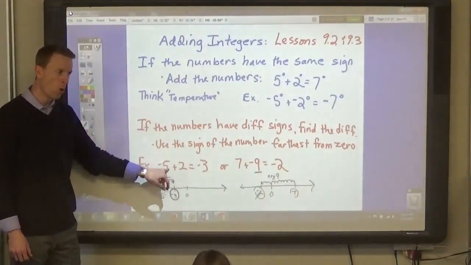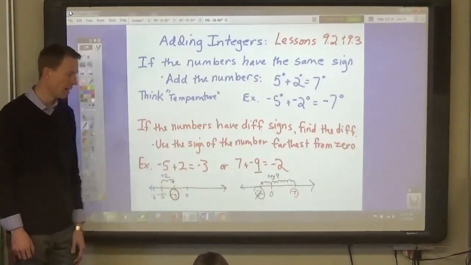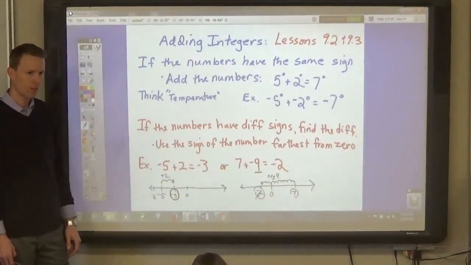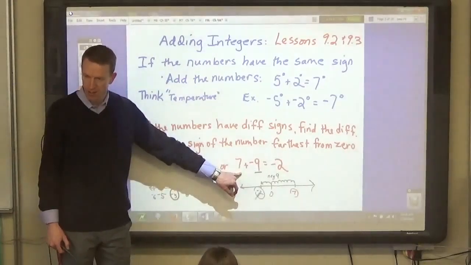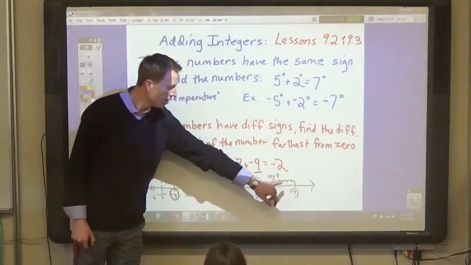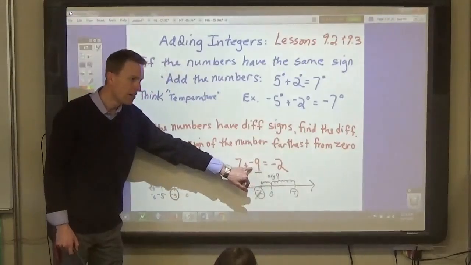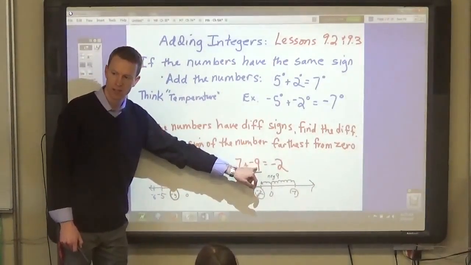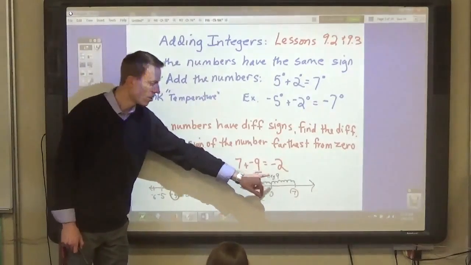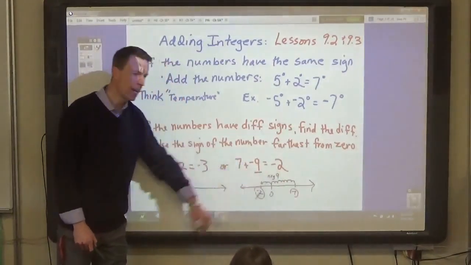And we're more negative, so the answer is negative. Okay? In this one, you're starting at 7, and you're adding a number that's higher than 7, a higher absolute value, which means you're going to go past 0 and end up at negative 2.